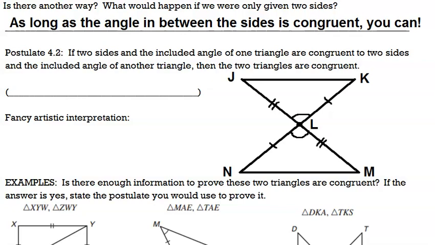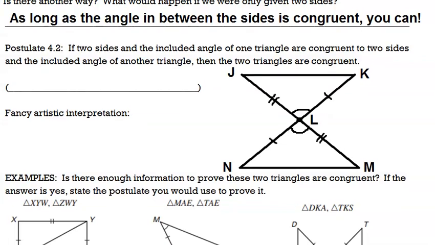And that is actually the second rule. If two sides and the included angle, included means it's the angle in between the two sides, of one triangle are congruent to two sides and the included angle of another triangle, then the two triangles are congruent.